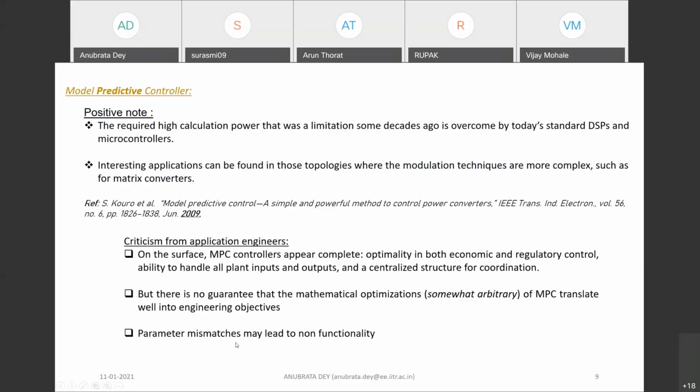Variation of switching frequency is also a concern in the model predictive current controller. But in some cases it might work much better than the previous types of current controllers, and it also works nicely with multi-level converter topologies where very complex PWM techniques are involved. But it also has some disadvantages.